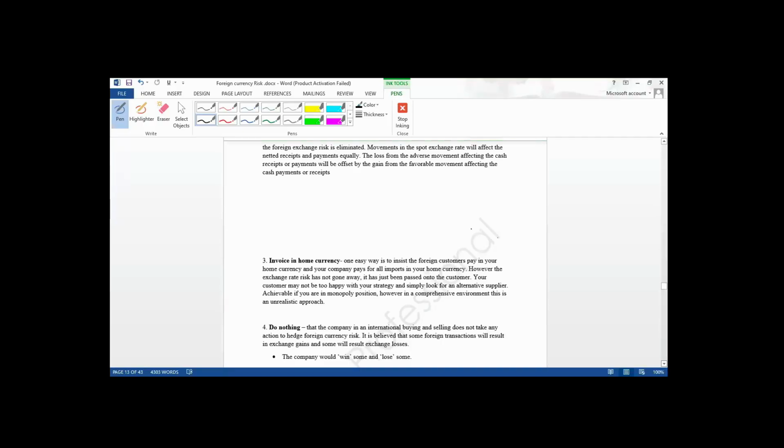If you are buying goods from China, you can tell your supplier, please give me the bill in Naira. In that case, you have eliminated foreign currency risk, because your bill is quoted in your local currency.